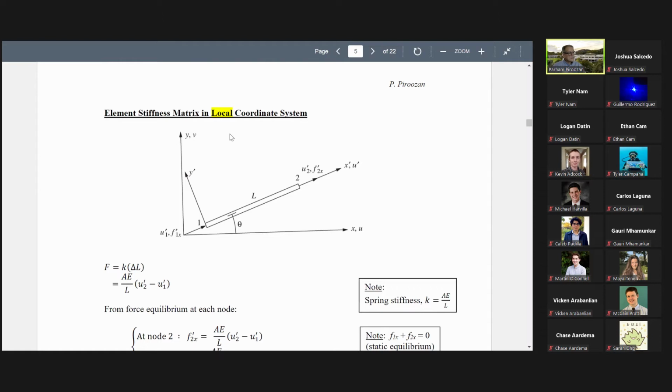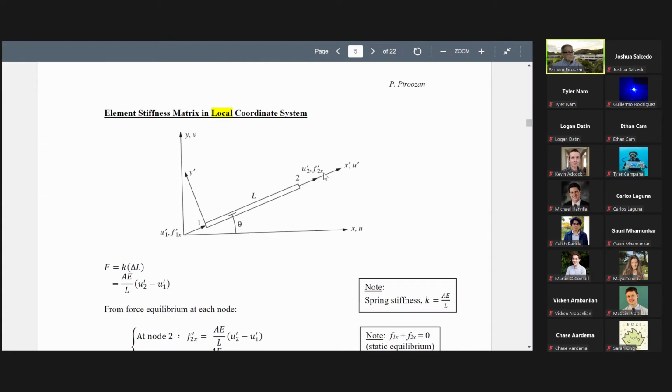I have highlighted this. In the local coordinate system, we don't have any problems. We already have it actually, just repeating the same thing. In local, this is x prime, y prime. This is this bar. F1x prime is the force at node 1, and the displacement is u1 prime.